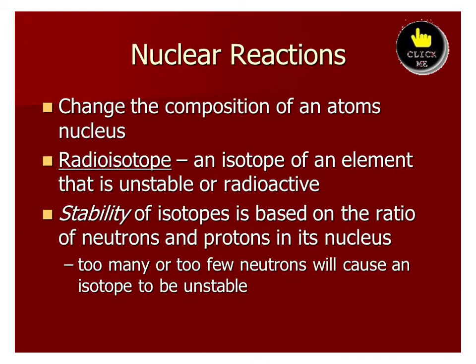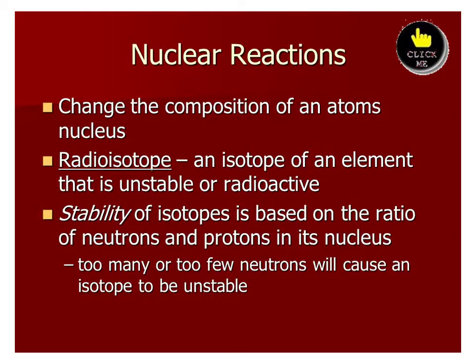So the atomic mass is different, but the number of protons is the same. So we have carbon-14, carbon-12, carbon-13, oxygen-18, oxygen-16. Those are isotopes, and a radioisotope is one of those that is unstable.